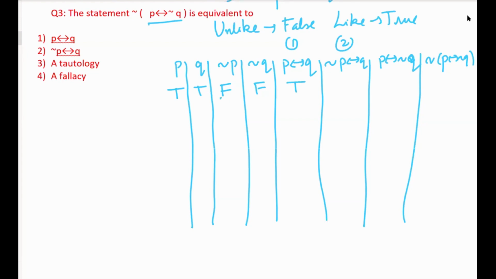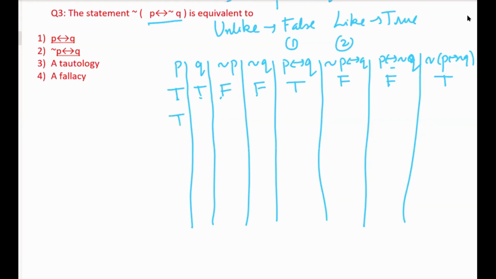Negation P if and only if Q is an unlike case, so my answer is false. P if and only if negation Q is an unlike case, so my answer is false. And the total negation is the last column of this column. So if this is false, then this will be true, because the last column is the negation of the second last column.